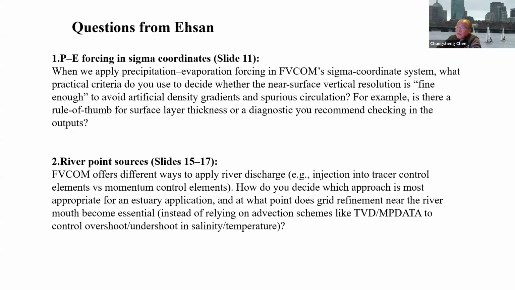I tested that before. That's why when you put precipitation into FVCOM, you want to make sure your first layer has a certain thickness. You don't necessarily need it uniform everywhere, but at least in a slope region, some regions need a little bit finer grid. Also make sure it's uniform.